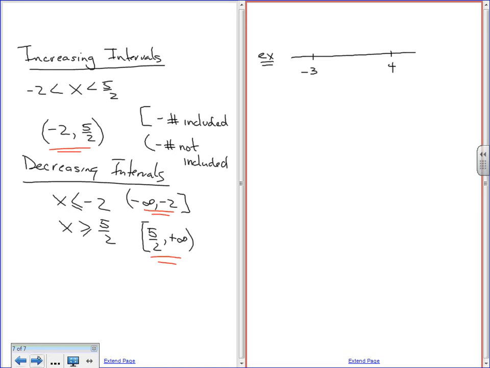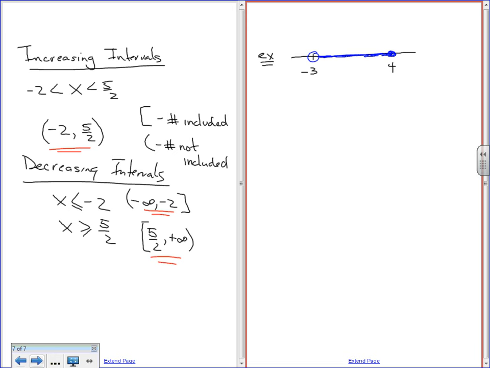Okay? So say I had the number line look like this. So this means all the numbers between -3 and 4. 4 is included because it's colored in. -3 isn't included because it's not colored in. Okay?